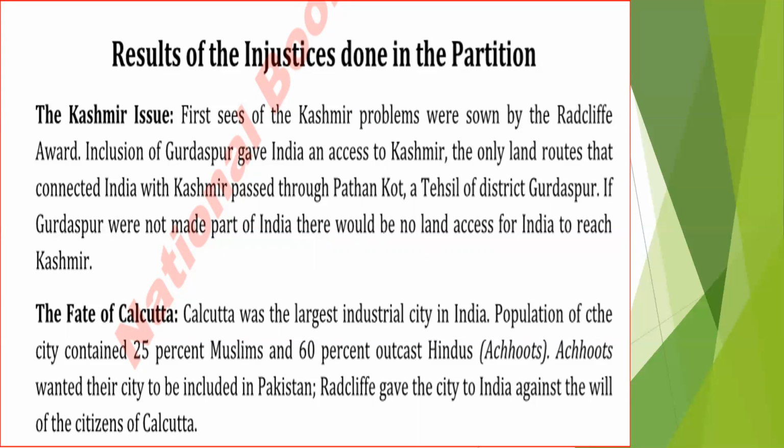So we can say that this issue started at the start of partition, when the partition plan was announced and these areas were given to India. The first seed of the Kashmir problem was sown by Radcliffe. The fate of Calcutta: Calcutta was the largest industrial city in India. The population of the city contained 25% Muslims and 60% outcast Hindus, who wanted their city to be included in Pakistan.